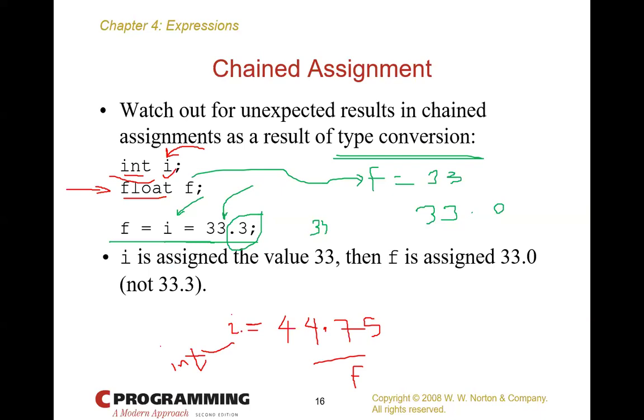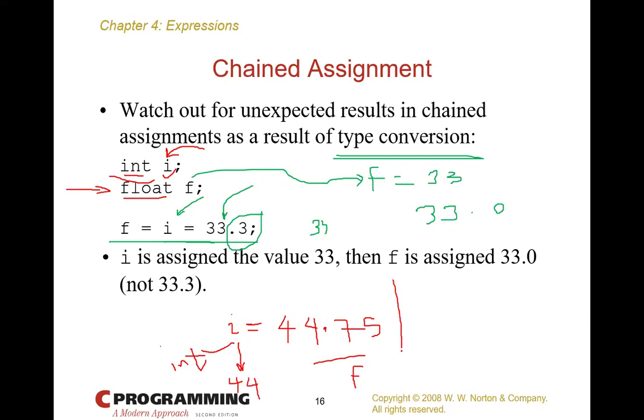Because we said the fact that I is an integer means that anything stored inside of I will be an integer. This clearly tells us that 44.75 will not be stored inside of I, but the integer part will be stored inside of I. So inside of I, we will have 44. Okay, this is important.